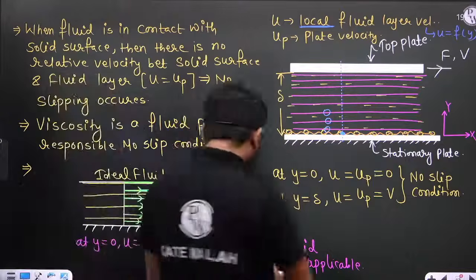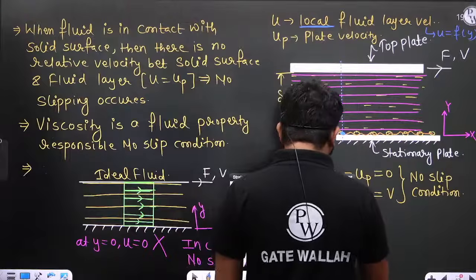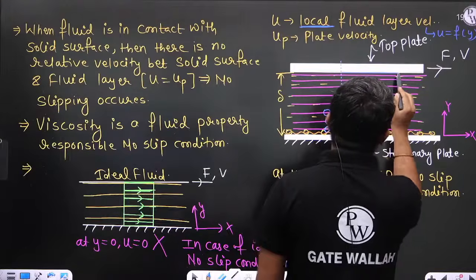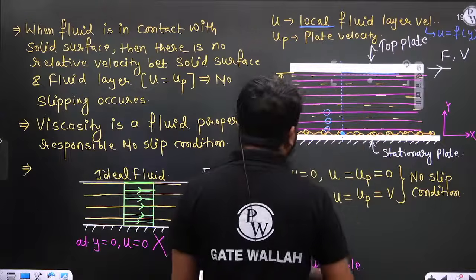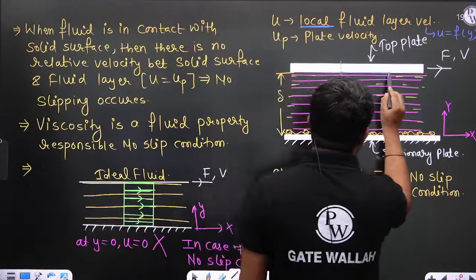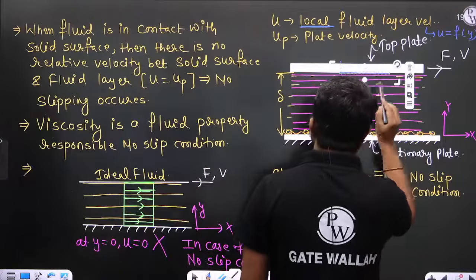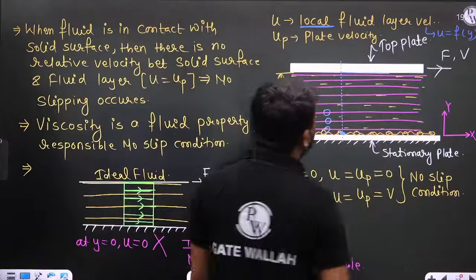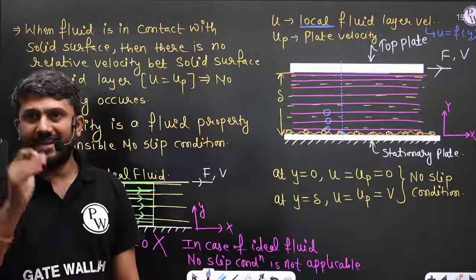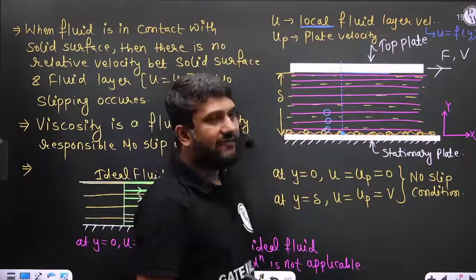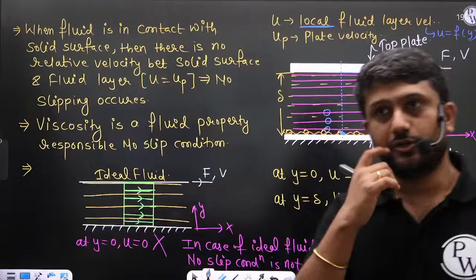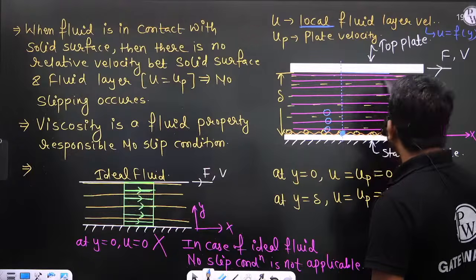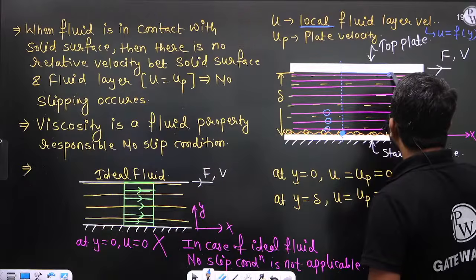And what is the velocity of the fluid layer at y is equal to delta, that is equal to v. So the layer present at y is equal to delta has velocity v, and the layer present at y is equal to 0 has velocity 0, right? Here the velocity is 0, and here the velocity, let us consider, is 10 meter per second.